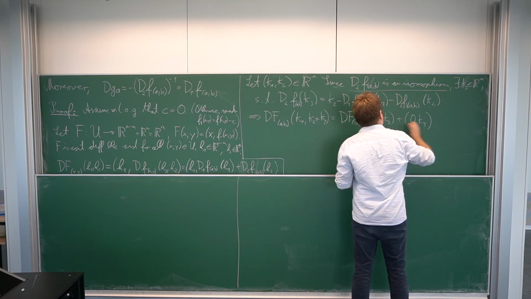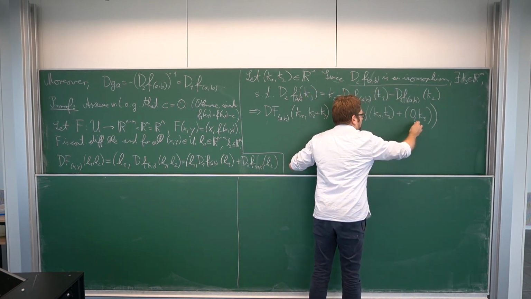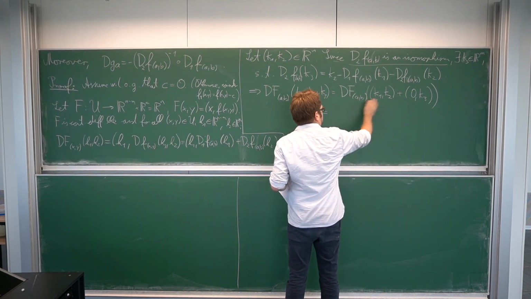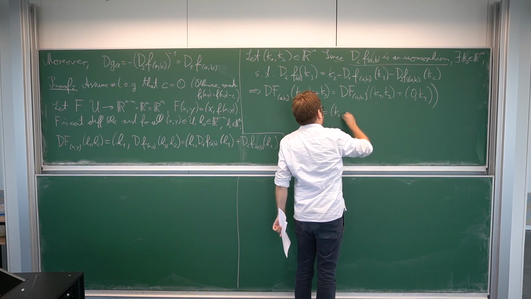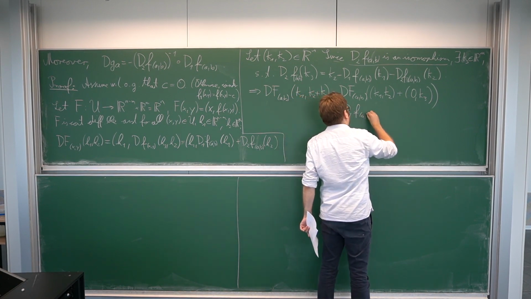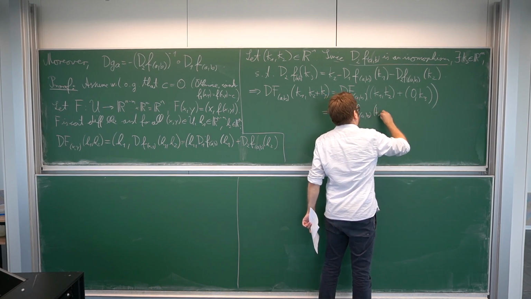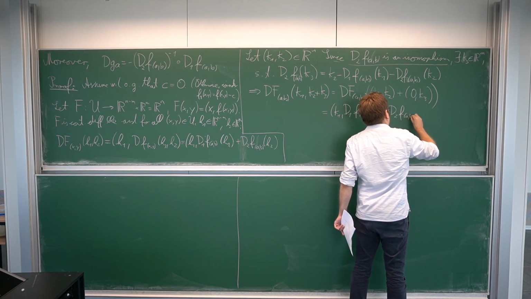Since this is linear, we can take first this and then dF evaluated on this, and use the formula. This would be k1, then D1f(a, b) of k1 plus D2f(a, b) of k2.